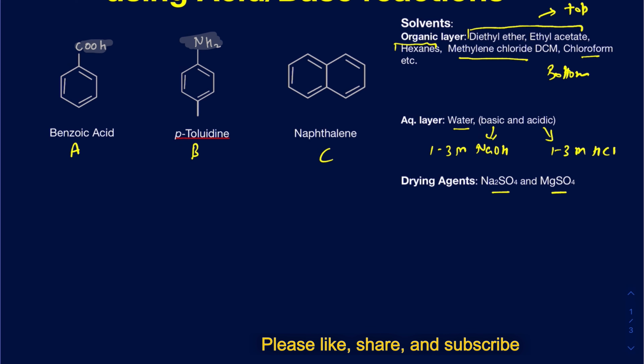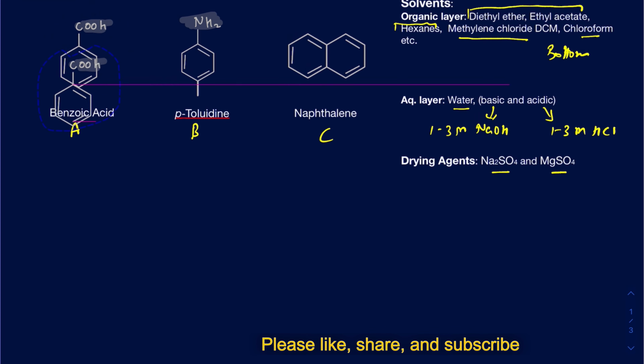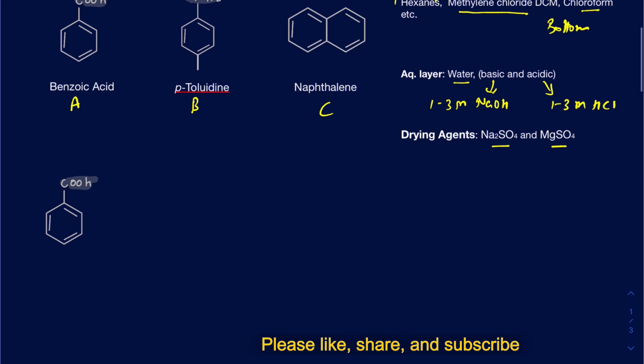Before we actually use the organic compounds, I want to see what kind of reactions they would be doing under acidic and basic conditions. If we start out with benzoic acid, since benzoic acid is indeed an acid, it would have the potential to react with a base. It's not going to react with water, because it's water insoluble.